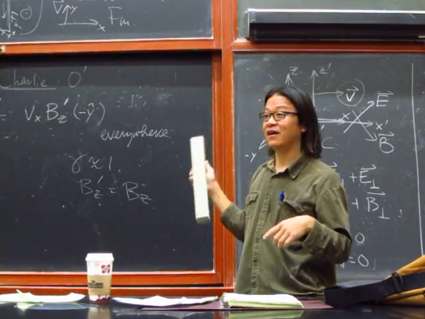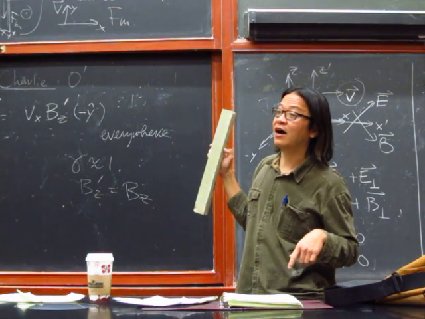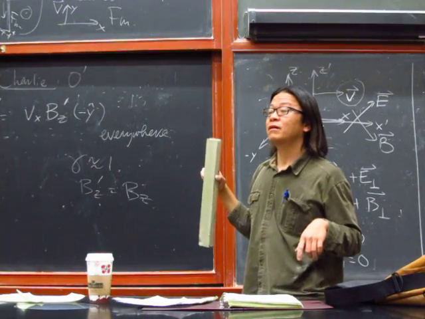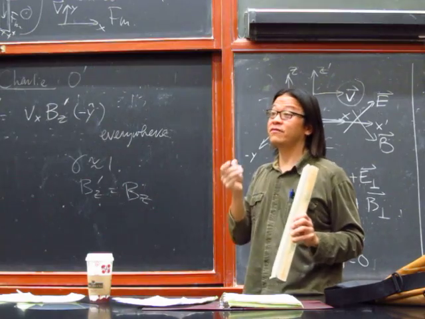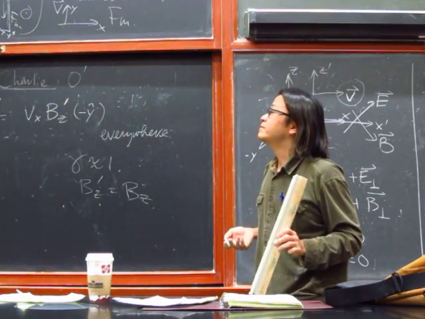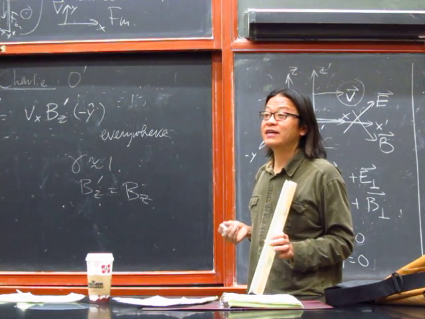So does the rule that E has to be zero inside the conductor not apply when the conductor is moving? It's a very good question, because in this case there is no steady state of current.